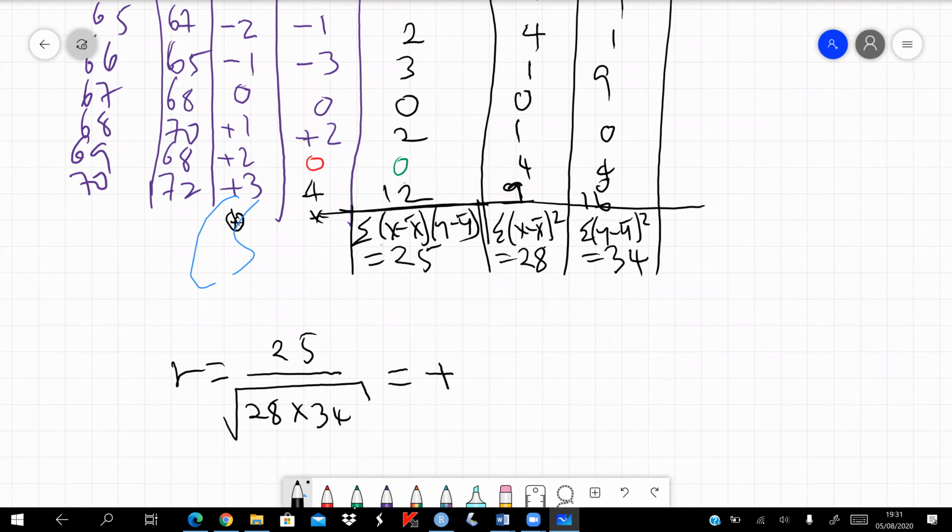This will be a positive answer, so you'll report it as a positive value. 0.8102. We can keep it there. 0.81.